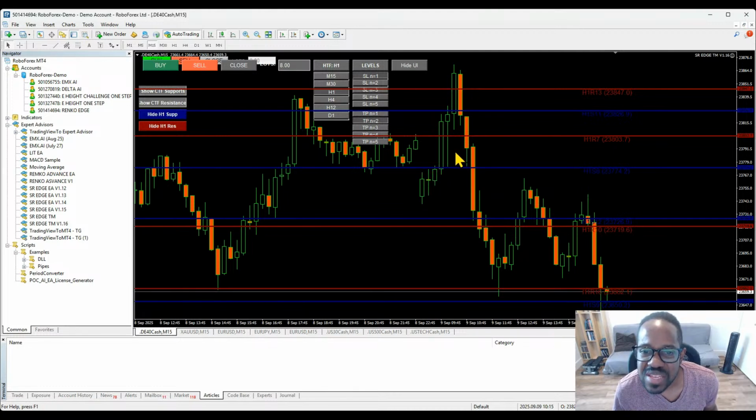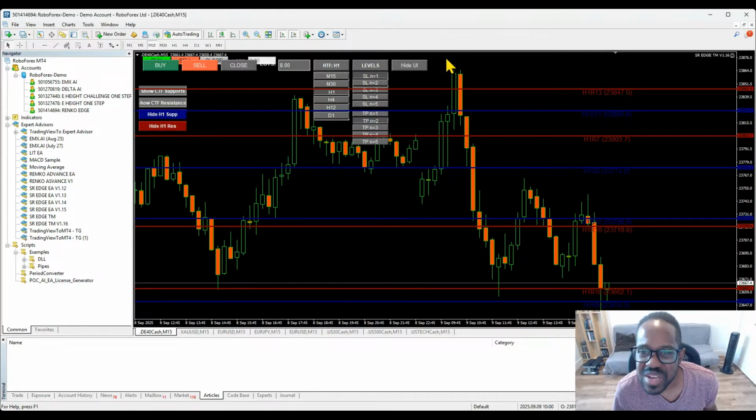By default, it was stop loss 1 and TP2. So it plotted the take profit two levels above my entry, and my stop loss was one level below my entry because it was a buy. It did hit TP around here, I think.